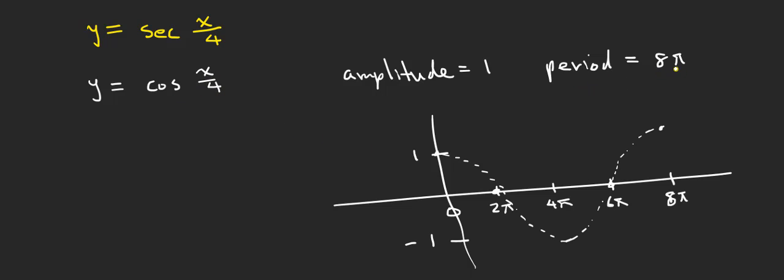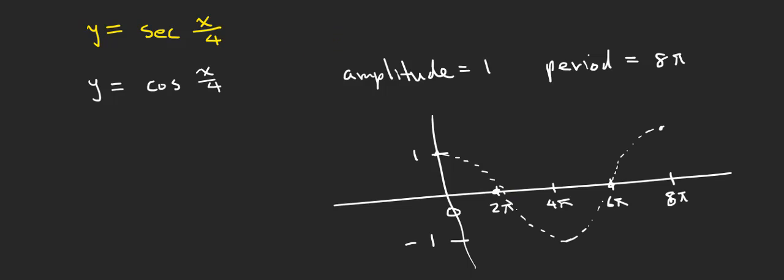Since period is 8 pi divided by 4 is 2 pi, each one increases by 2 pi. And here's a cosine when the period is 8 pi. This is one cycle. Now, in order to graph secant of x over 4, we got to find the vertical asymptotes.